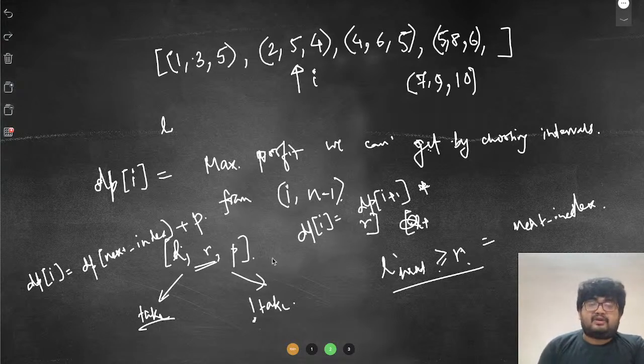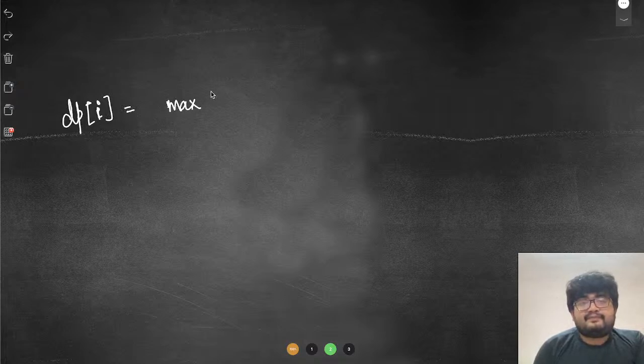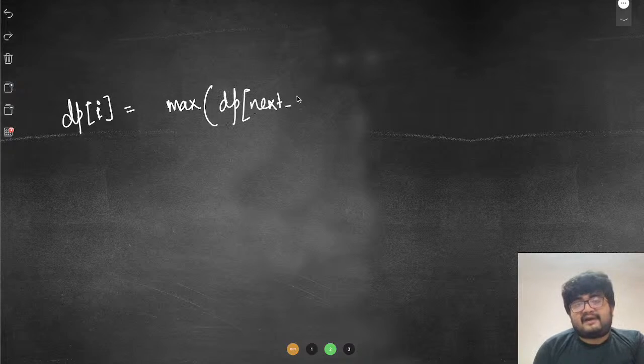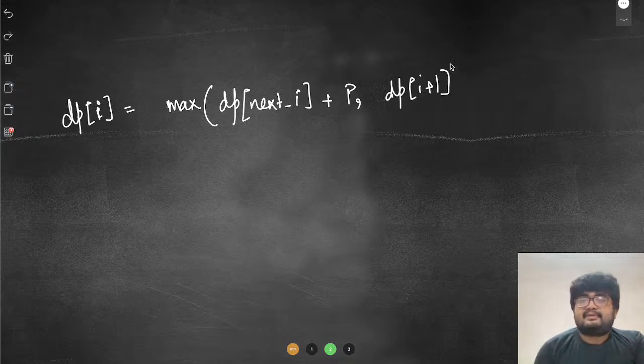So the maximum of them, right? So the formula now becomes dp of I is equal to max of dp of next index of I plus p, comma, dp of I plus 1.